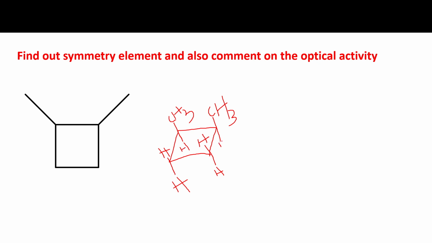With this molecule we find that there is a sigma plane passing through it. If you cut this molecule this way, there is a sigma plane present. If a molecule has a sigma plane, then that molecule is not chiral. So that molecule is optically inactive.